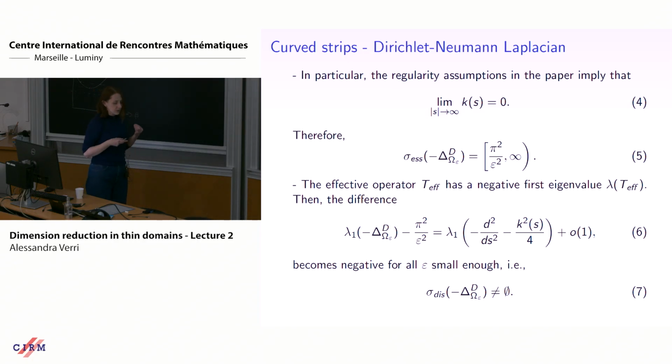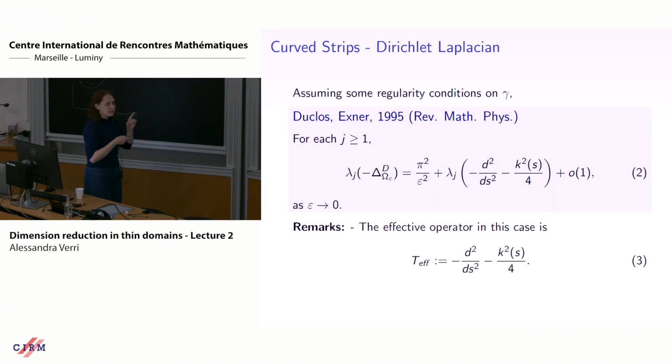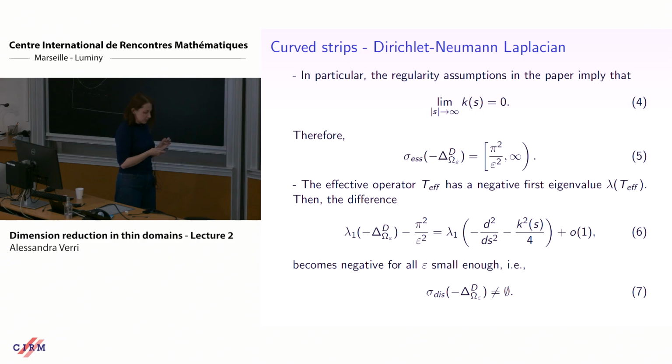And then, if we are in the situation that the curvature is non-null, we can use this asymptotic behavior to assure the existence of discrete eigenvalues since epsilon is small enough. To see that, for the effective operator, we can assure that at least its first eigenvalue is negative.